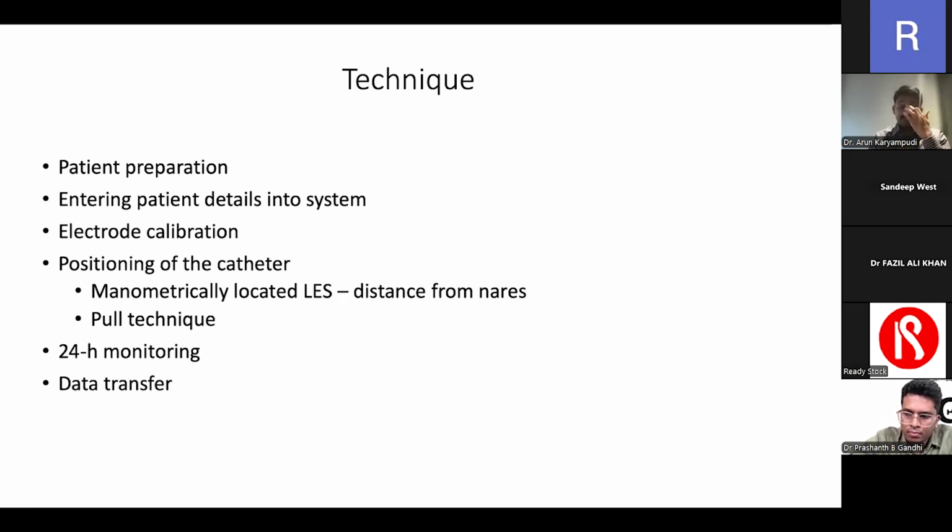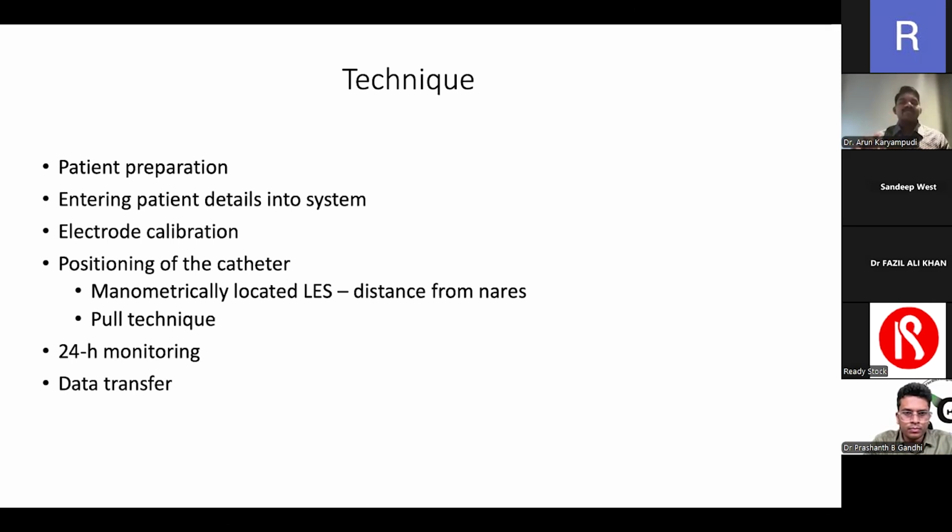There are some buttons on the recorder. Maybe I don't have a picture of that, but these buttons give information about the position of the patient, whether the patient is in a supine position or an upright position. The patient also marks the time of meal intake, when he starts the meal and when he ends the meal.